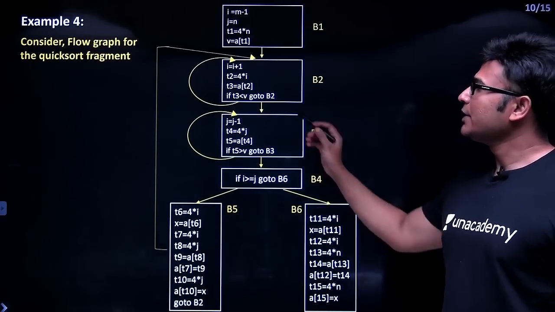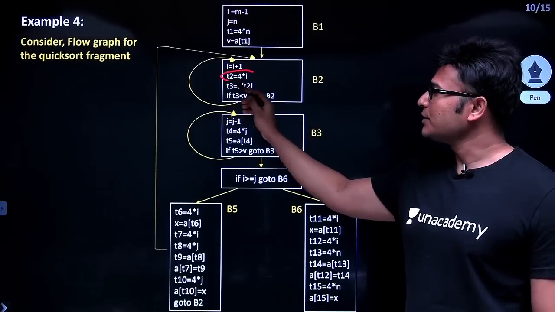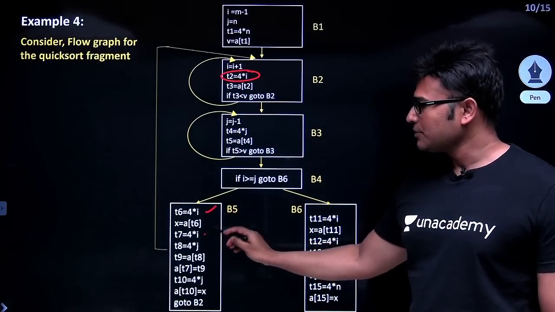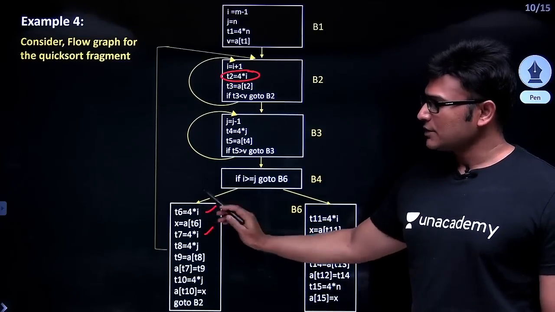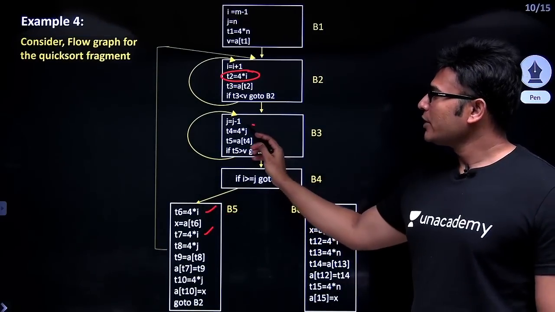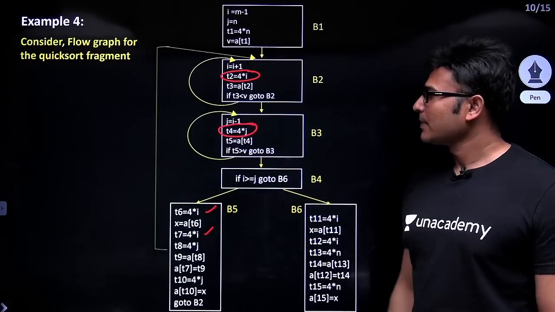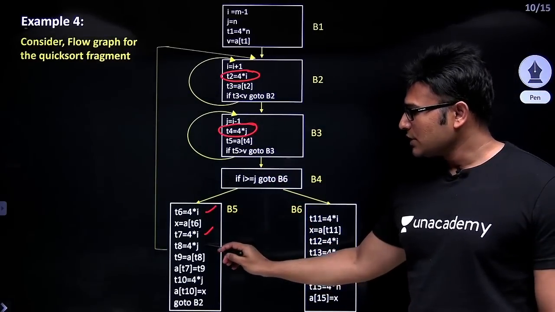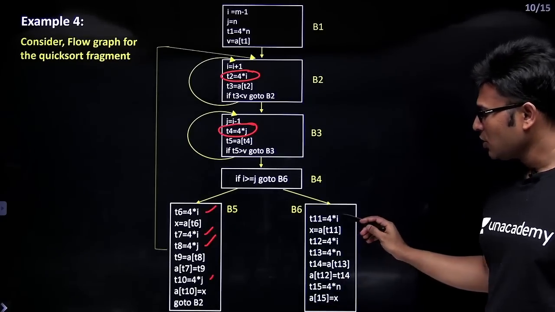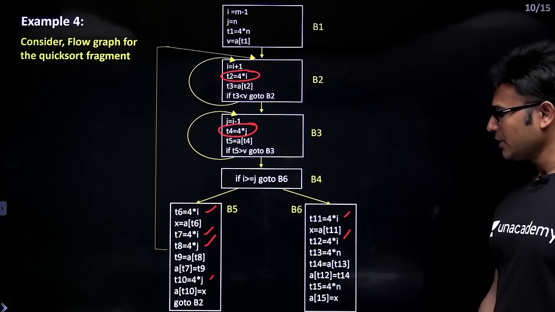For example, here 4 into I is computed once, right, and 4 into I is computed here 2 times. So both these occurrences can be eliminated, right. And similarly 4 into J is computed here, and again 4 into J is computed here and here. Both of them can be eliminated. Here also 4 into I can be eliminated, right.